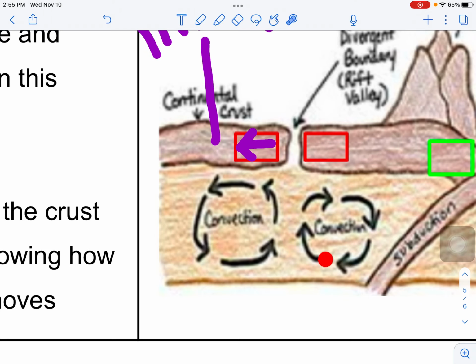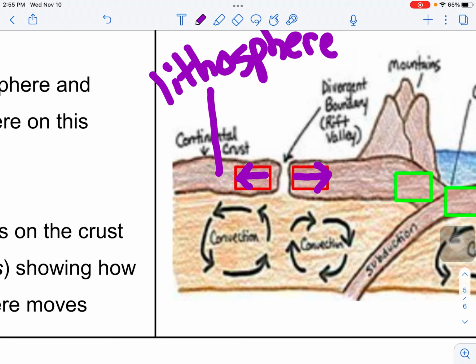This convection current right next to it is going to be moving up and over towards the right. That tells me that it's going to drag this crust over to the right. So I know that my crust is going to go that direction. So this is what we call a divergent boundary. It's where the two pieces of crust separate or divide.